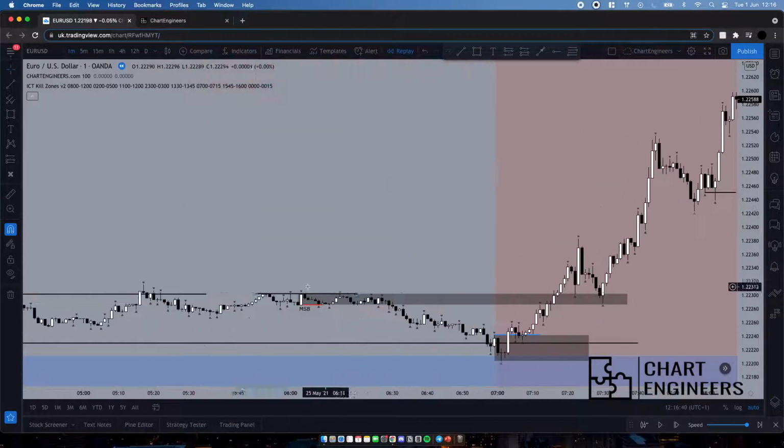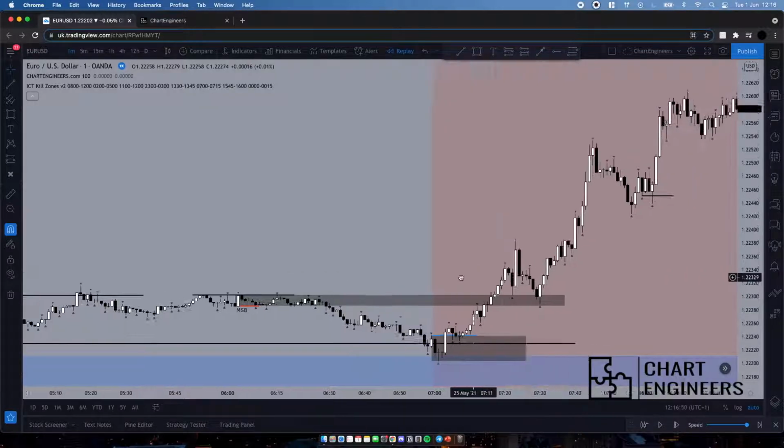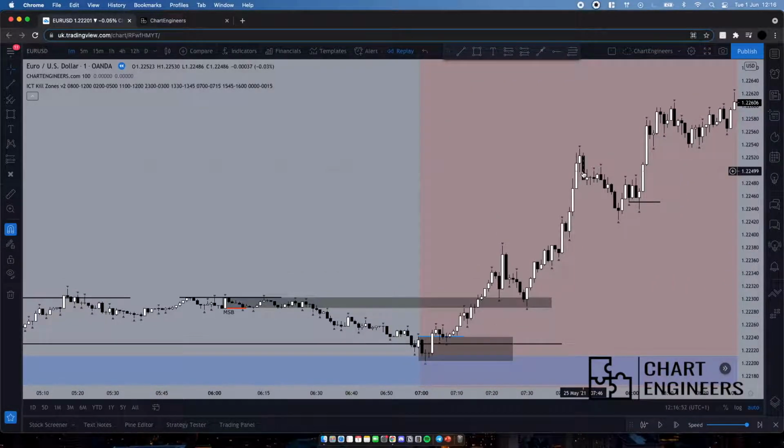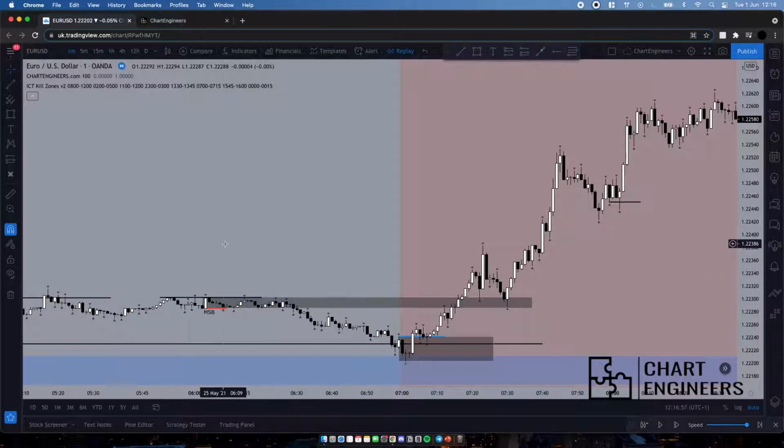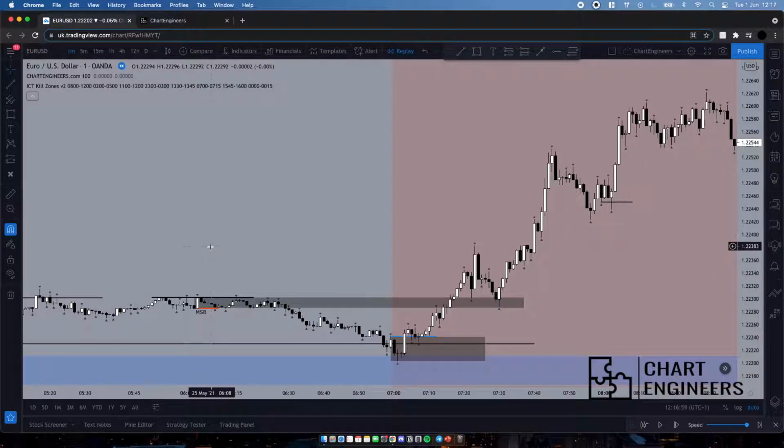So then, even though we had this H4 raid and H1 raid, price still continued to go higher, and once we broke above on the M5 and M1, I knew that price is just going to continue to go up. So the H4 and H1 raid was invalidated for me.